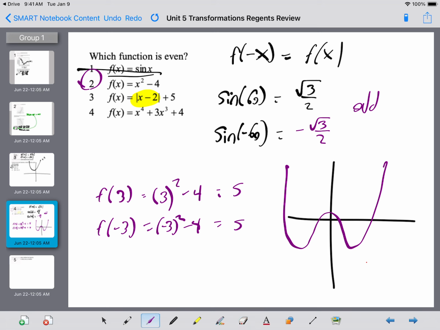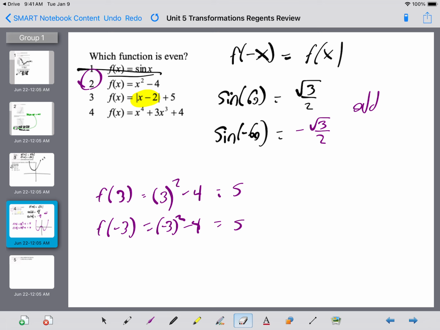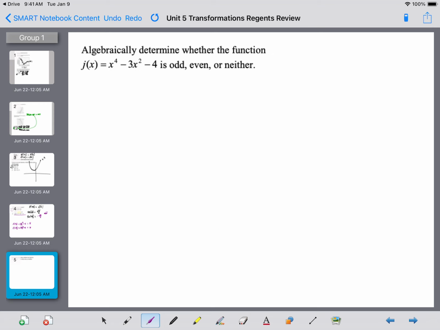So what you could do to prove that it's either even, odd, or neither, you would just do exactly what we did here. You'd plug in a positive and a negative of the same number. Okay. And then lastly, it says algebraically determine whether this function is odd, even, or neither. So let's check.